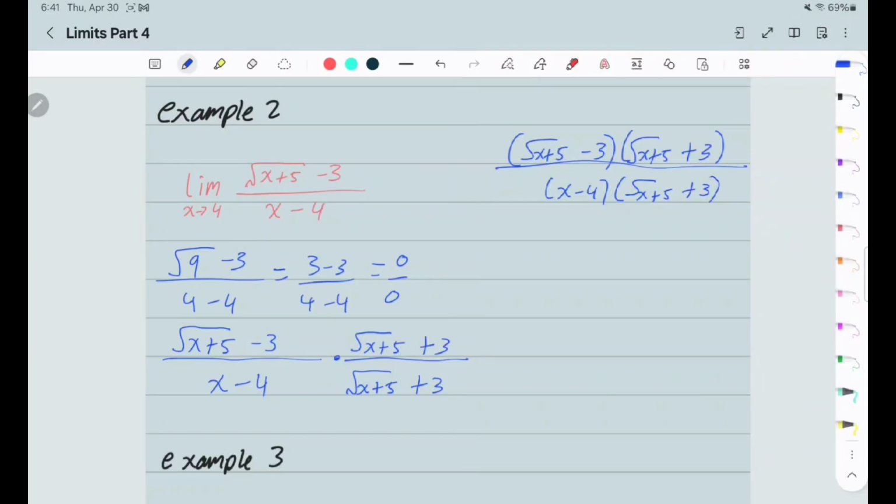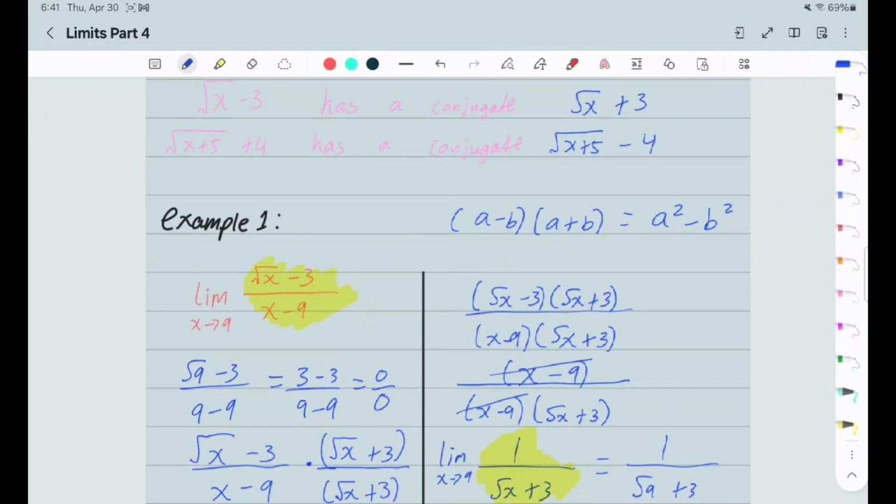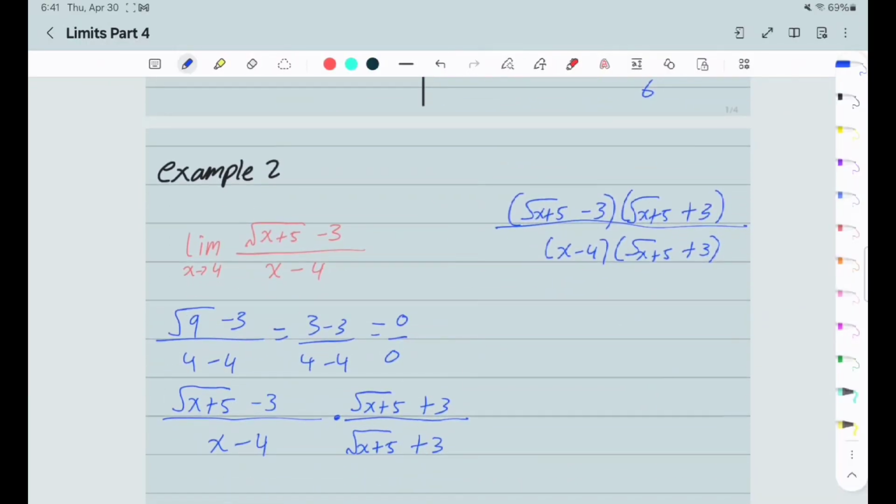Now, the top one becomes the identity, which I mentioned in the previous question. You could just come over this a minus b multiplied by a plus b. So the top becomes root x plus 5 whole square, sorry, it's minus 3 square, and on the bottom it becomes x minus 4 times root x plus 5 plus 3.